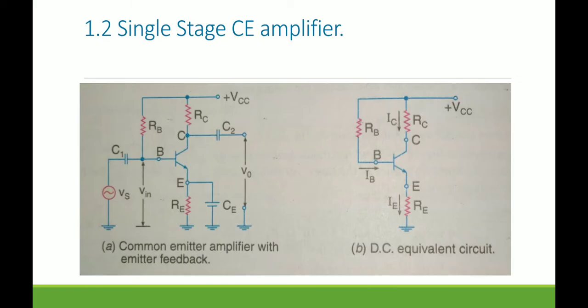Okay, so here is one example where at the input side there is one base resistor RB. So we can see that the coupling capacitors C1 and C2 are removed, and only resistors with the transistor are represented, no Vs.